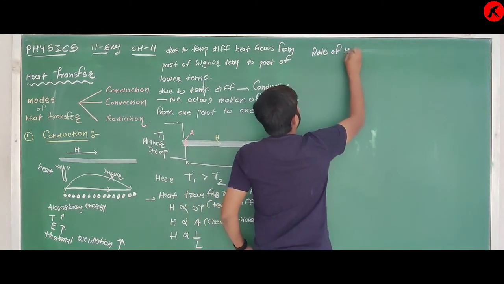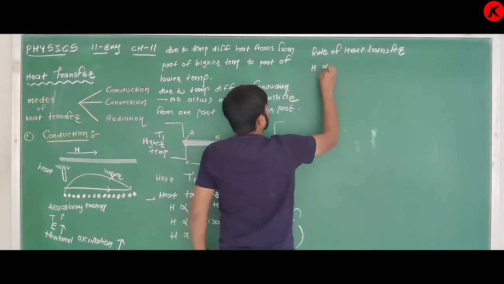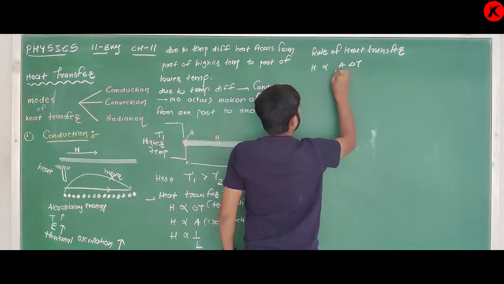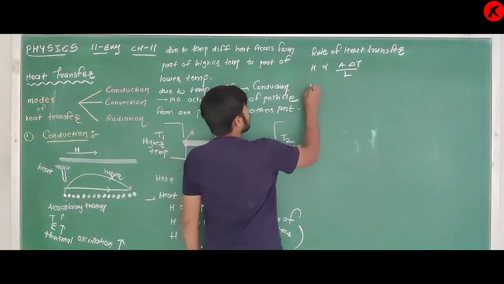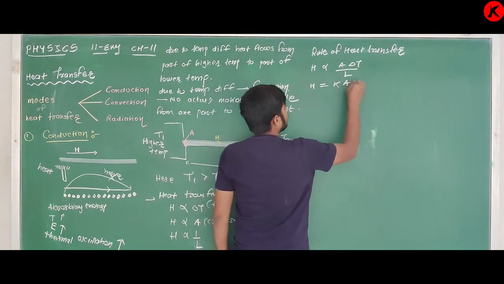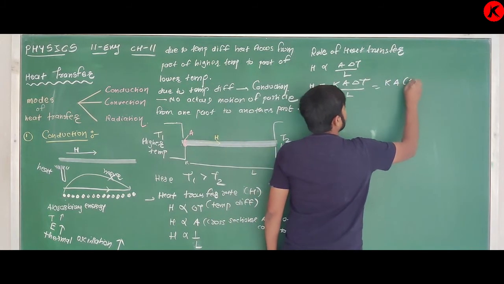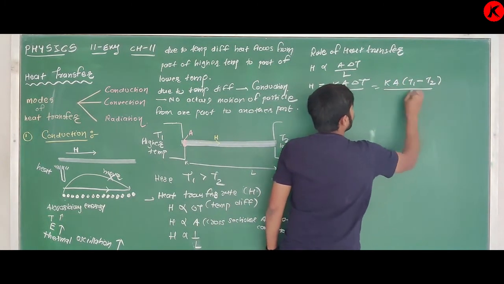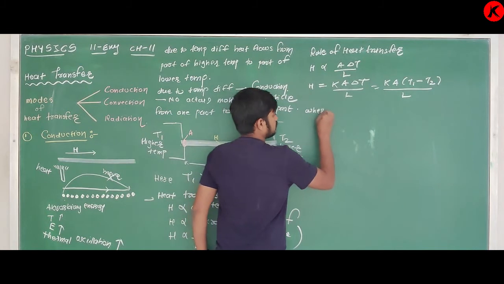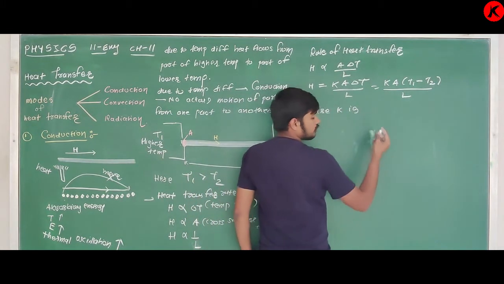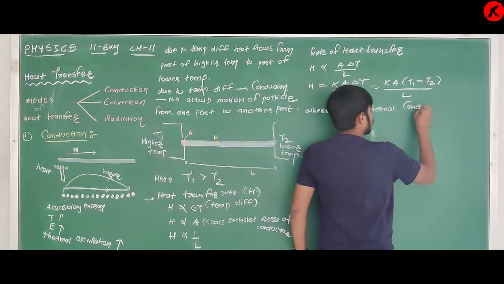Rate of heat transfer H is proportional to A delta T upon L. If you remove proportionality, then you have to add some constant, that is H is equal to KA delta T upon L. And we can also write this equation as KA delta T, which is T1 minus T2, upon L. Where K is the constant of proportionality and it is called thermal conductivity.